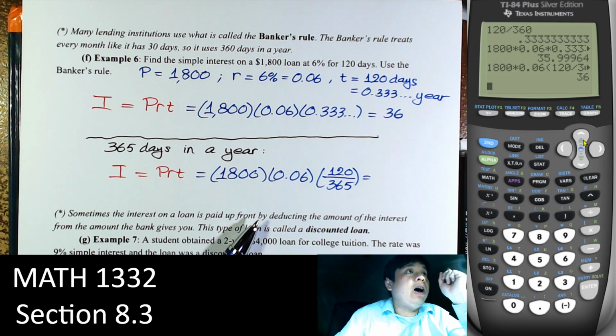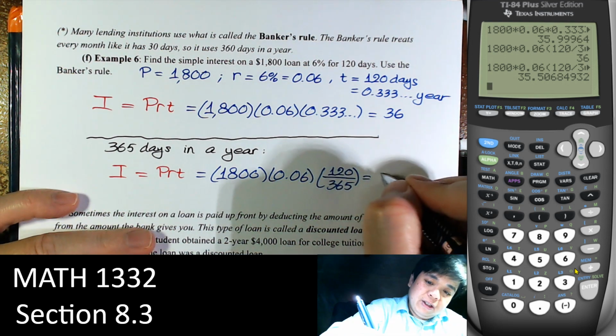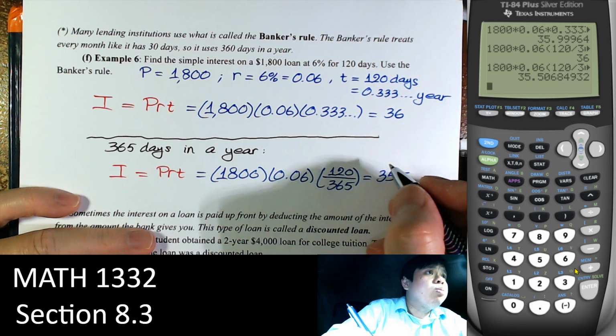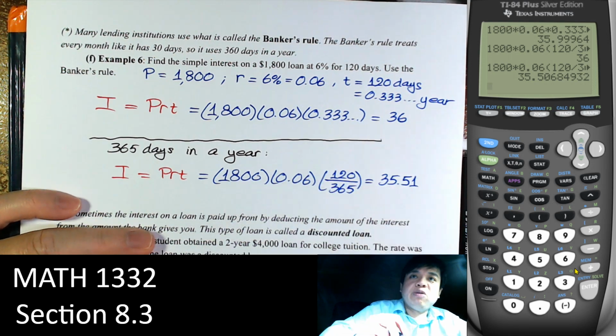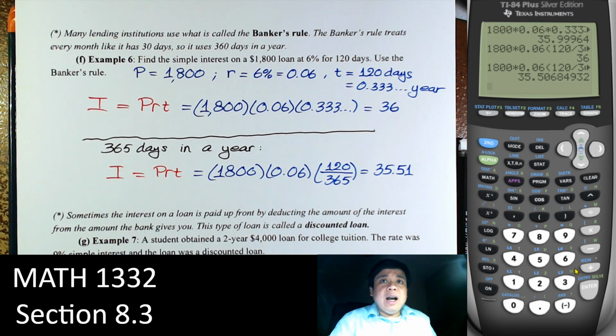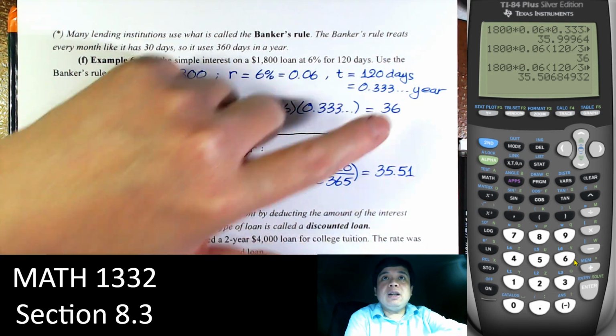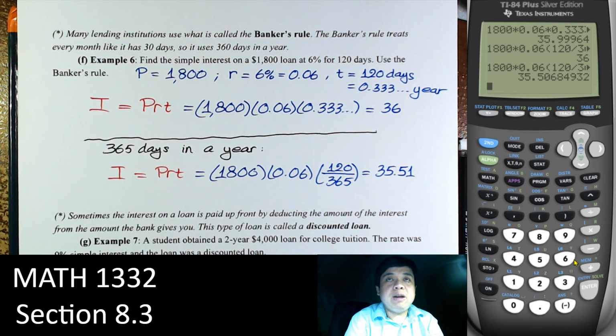Right. Actually, if we use this calculator, I just highlight it, copy and paste, divide by 365. So I have 35.5. Right. So the difference, of course, is 49 cents. But from a consumer perspective, if we borrow 1800, 49 cents is not that much, but still the interest is a little more under the banker's rule at 6%.